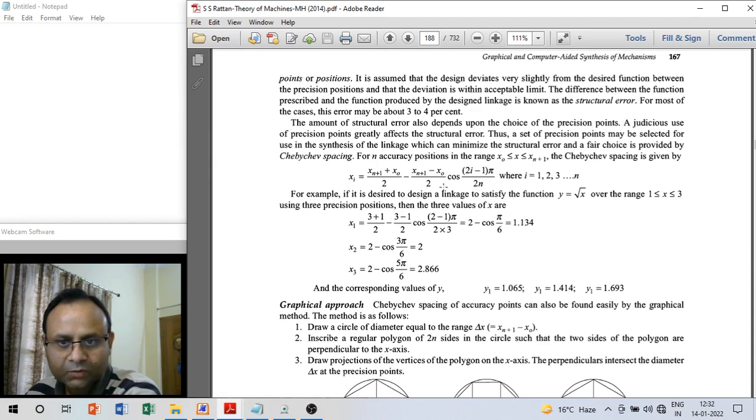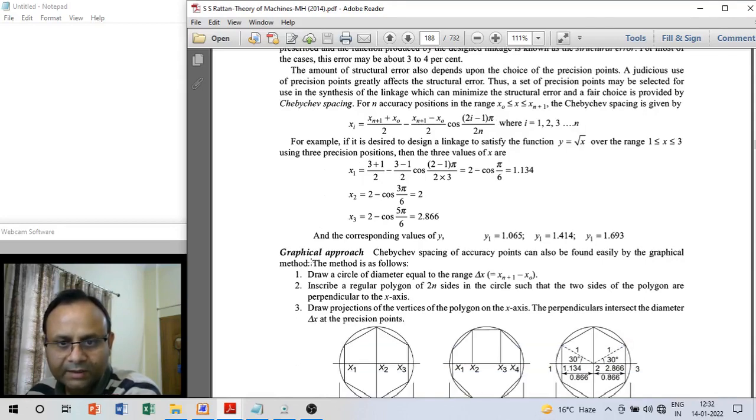Based on this formula, the value of x0 is 1, xn plus 1 is 3, so you just plug those numbers and i will go from 1 to 3. You put those values and you get 3 points, x1, x2, x3, and corresponding to that you get value of y, y1, y2, y3, which is square root of x. Okay, so this is a method to pick accuracy points based on this formula.